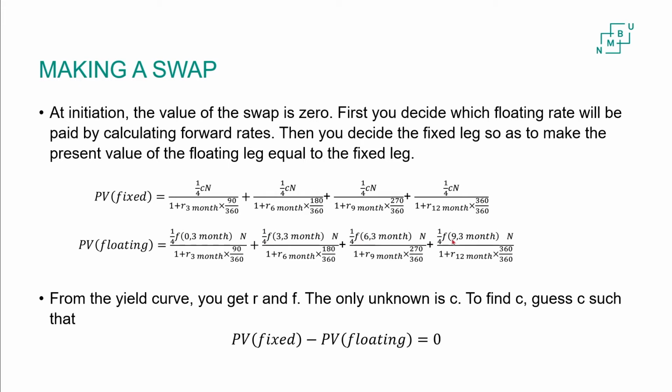And what you have is the spot rates, and you can observe the implied forward rates. What's unknown here is the coupon rate of the fixed leg. So what you do is that you, in a systematic way, guess different numbers of C to make the present value of the fixed leg equal to the floating leg.